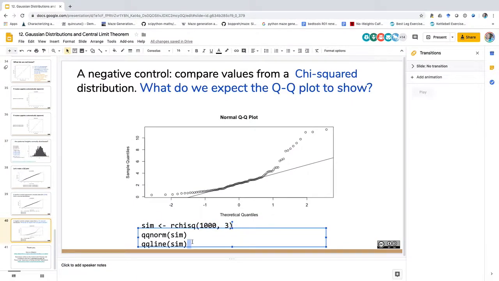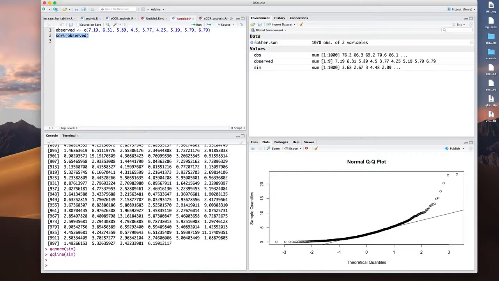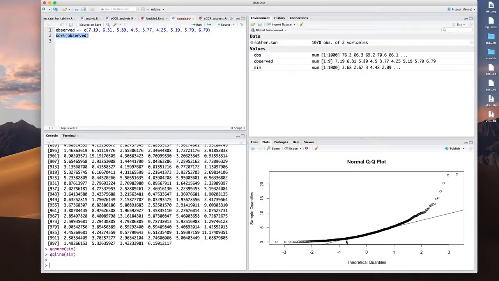Okay. Then I'm going to do a QQ plot of that simulated data from a chi-squared distribution against the theoretical quantiles from a normal distribution, right? And it looks much worse than this one, right? It starts peeling away. So here's some basic observations.